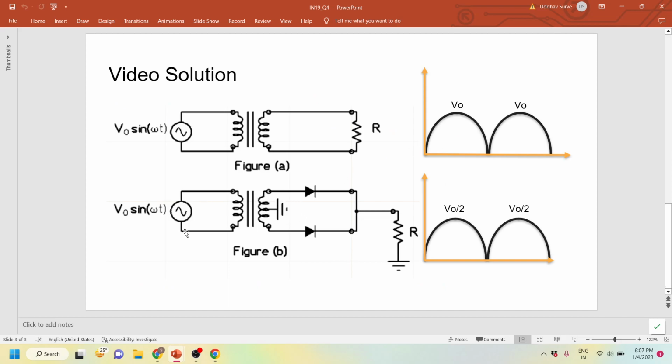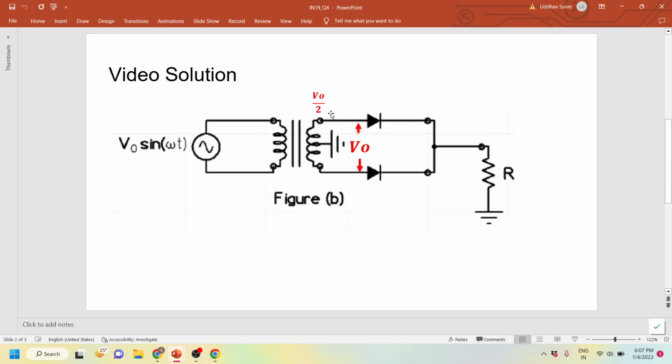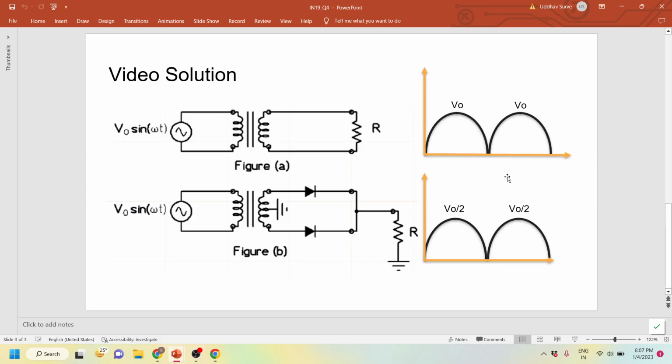So like I said in the previous slide, V naught by 2 will be reflected across R. That's why in this figure B, the same voltage will come with a V naught by 2 factor. And in the first figure, to calculate the RMS voltage, the complete V naught sine omega t will be there. Just don't get it wrong. This is not a rectification. It's just to show that in RMS, we are going to reflect everything on the positive axis only.